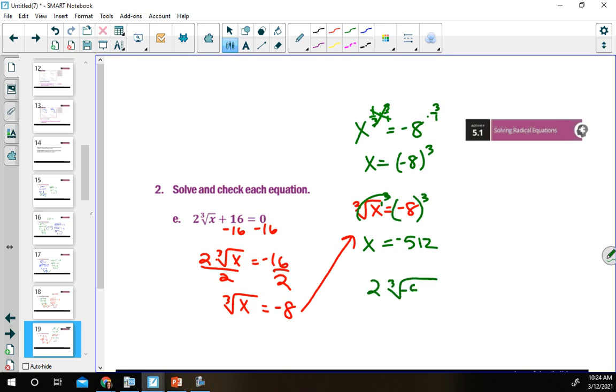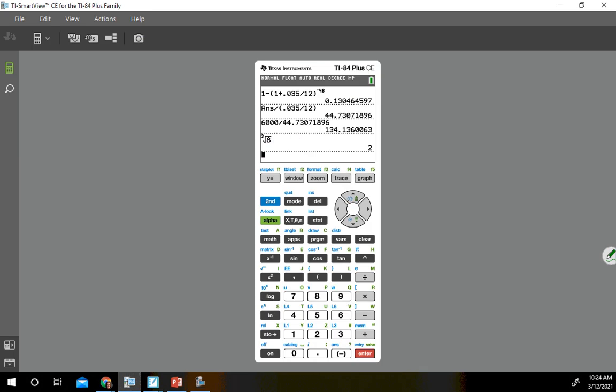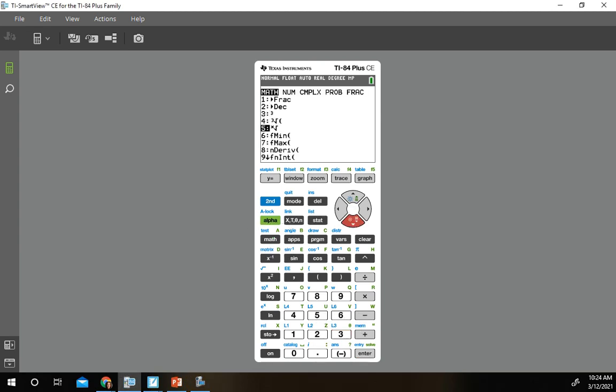2 cube root of -512 plus 16 needs to be equal to 0. All right, let's type in my cube root. So -8.